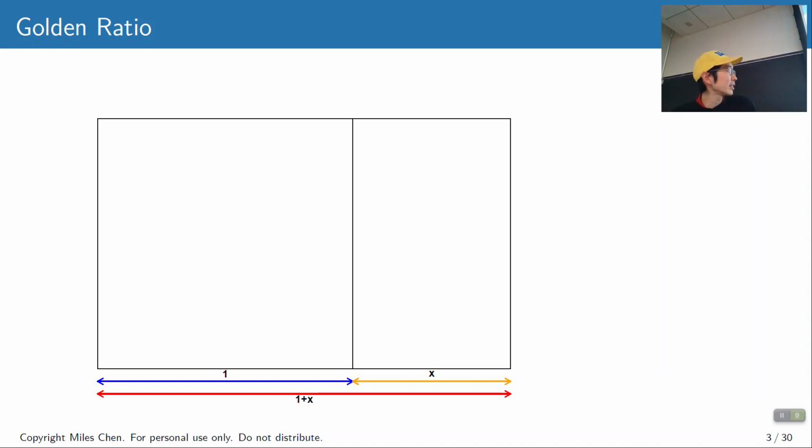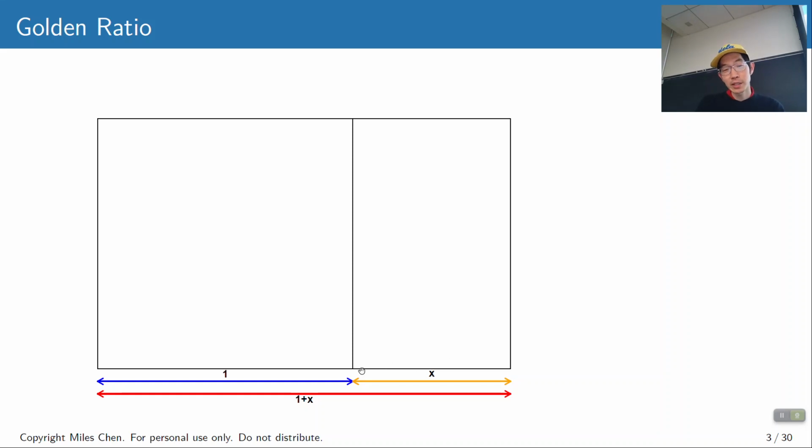And the idea is if you have this rectangle where one side has a length of 1 and the other side has a length of 1 plus x, this resulting rectangle, after you remove a square, has the same proportions as the original rectangle.